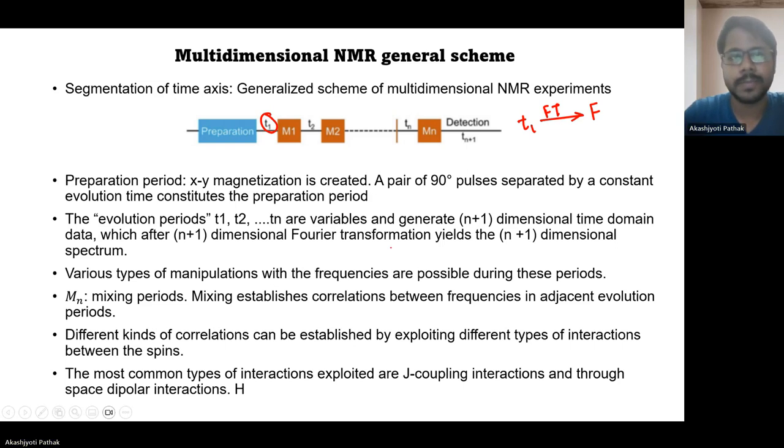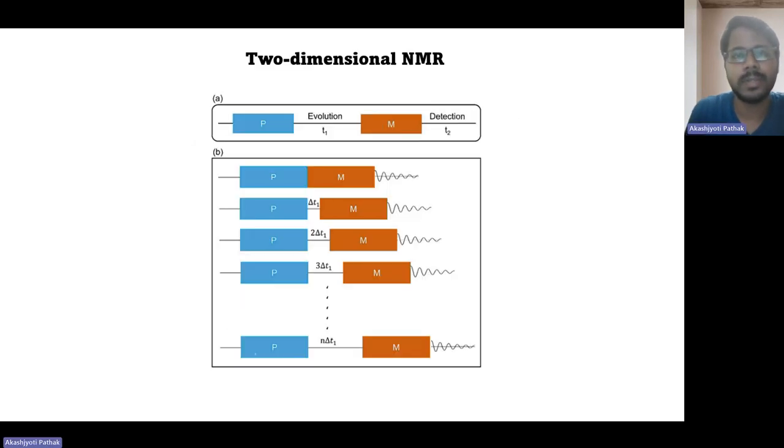Now coming specifically to two-dimensional NMR. The first figure shows the general scheme. There is a preparatory time, then evolution, then mixing period, and then detection. Now what happens in the evolution period? In the evolution period, there are increments of the T1 time.